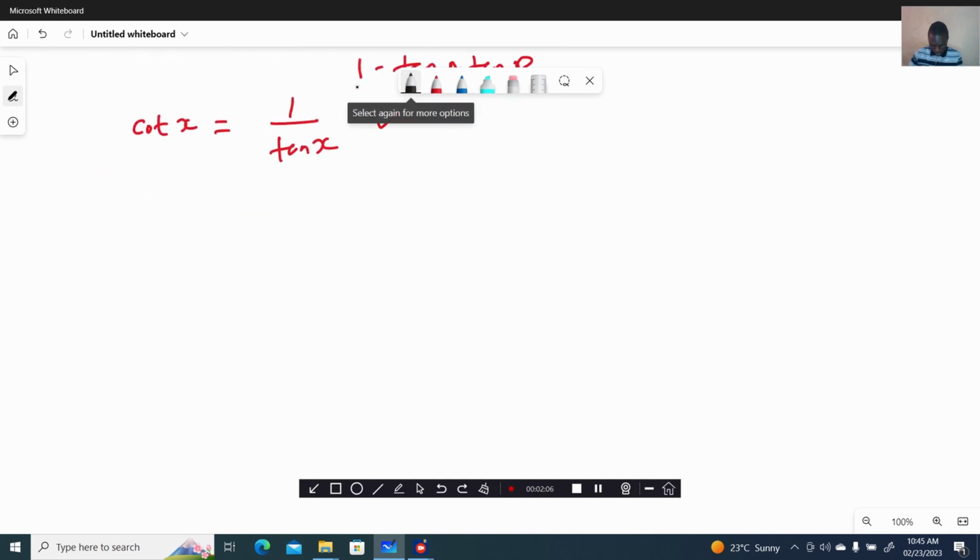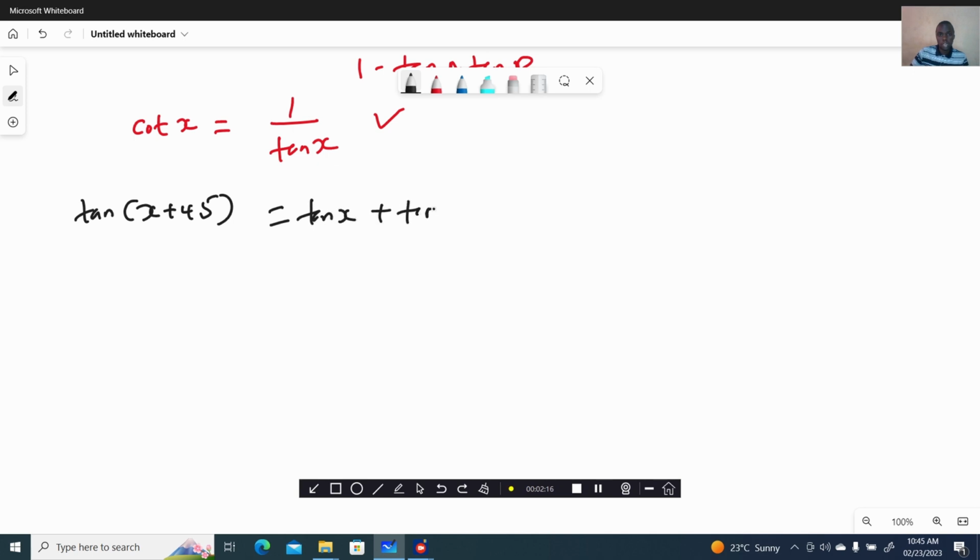So we have tan of x plus 45. Let's solve this one first. This will be the same as tan x plus tan 45 divided by 1 minus tan x tan 45. But guys, tan 45 equals 1.